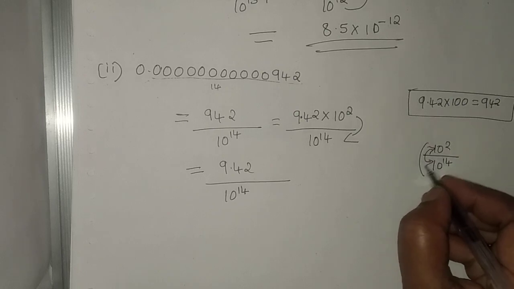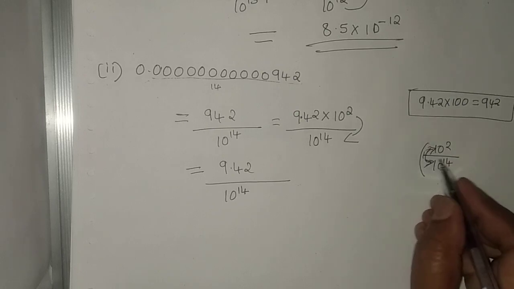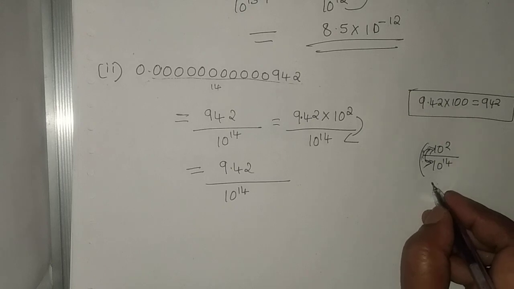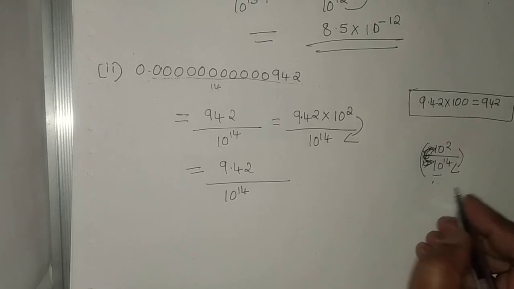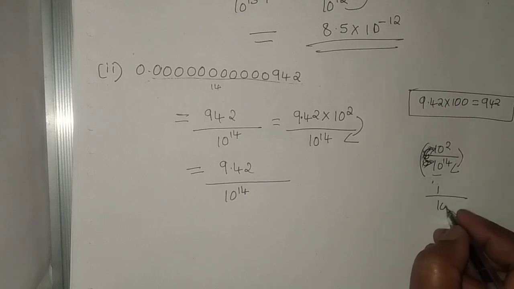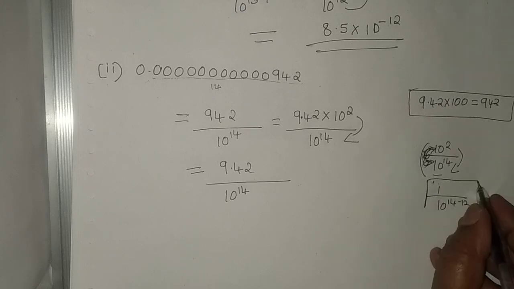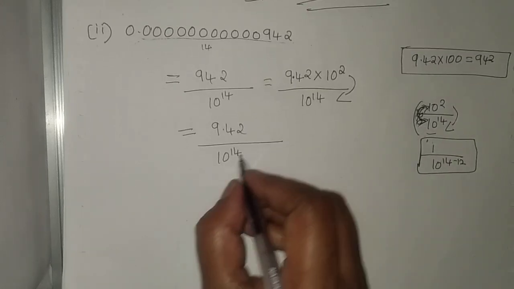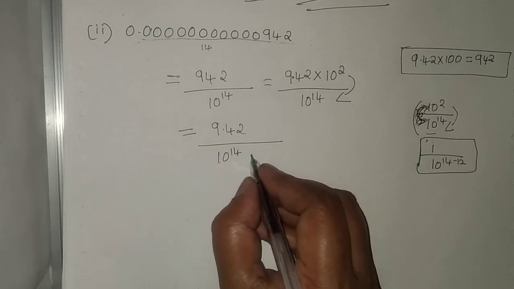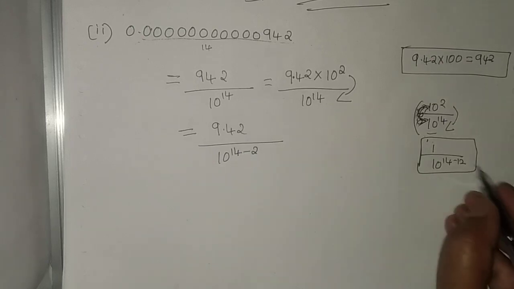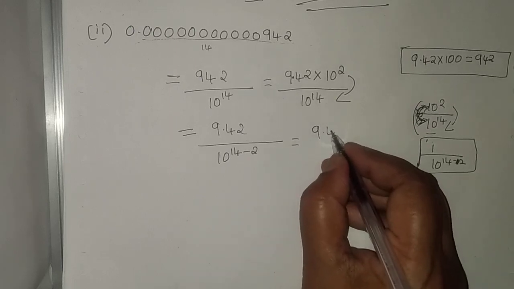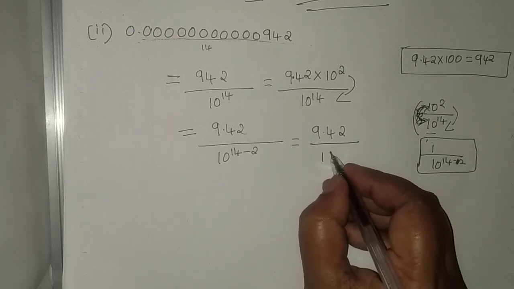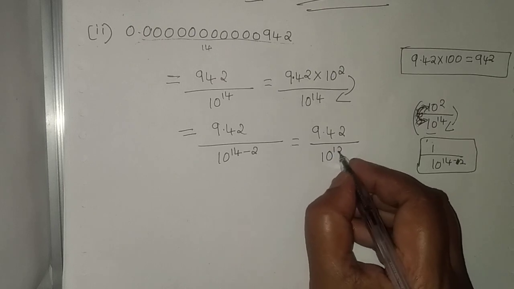Since these bases are the same, when it comes to the denominator the base is the same, so it will become 10 power 14 minus 2. This is 2, not 12. Minus 2, this will become 9.42 by 10 to the power of 12.